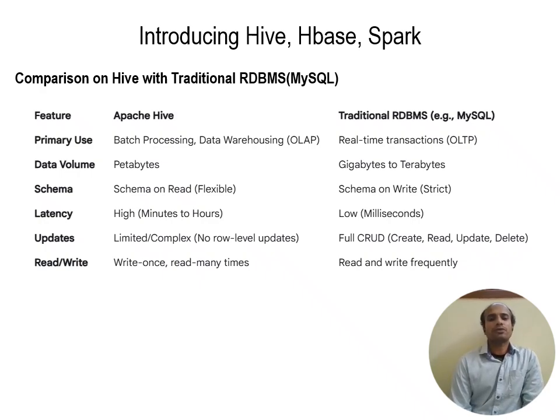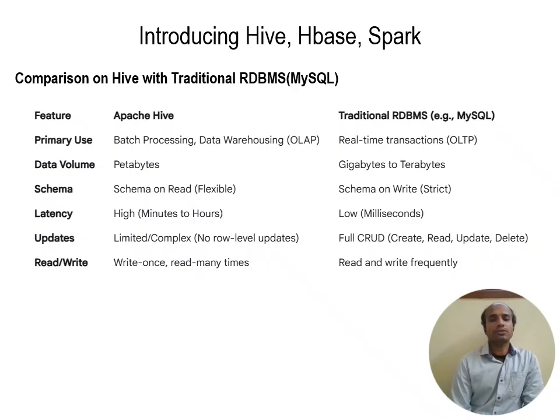Another feature is latency, which is high with respect to Apache Hive, so it's minutes to hours. With respect to the relational database management system MySQL, the latency is low, which is only in milliseconds.